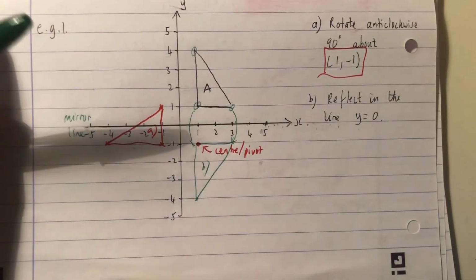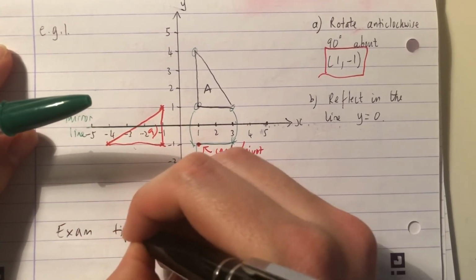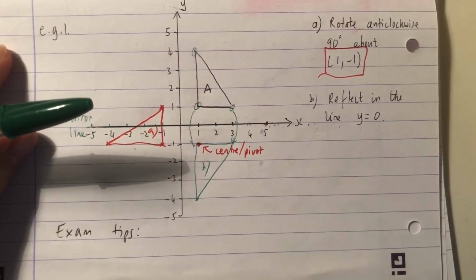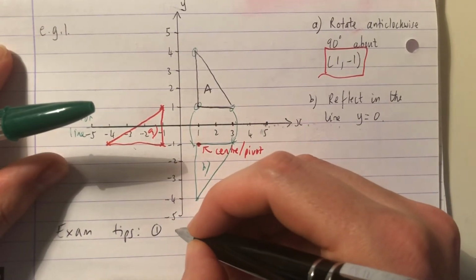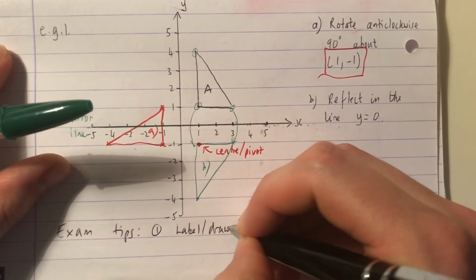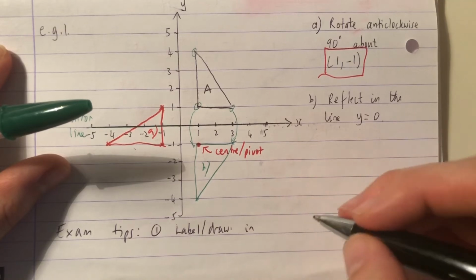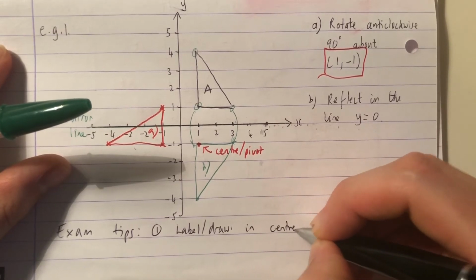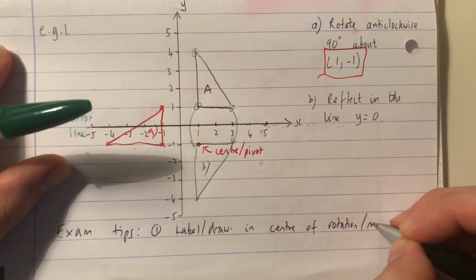So the exam tips I can give you for this would be, firstly, always label or draw in the point of rotation, that pivot point, so the center of rotation, or the mirror line.